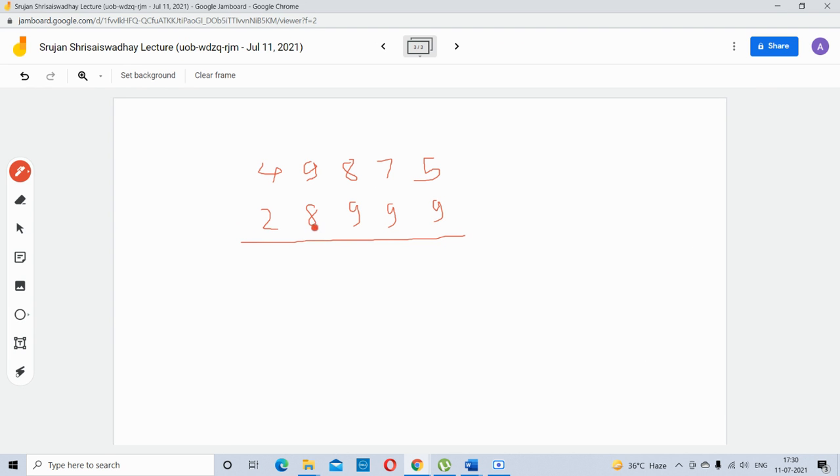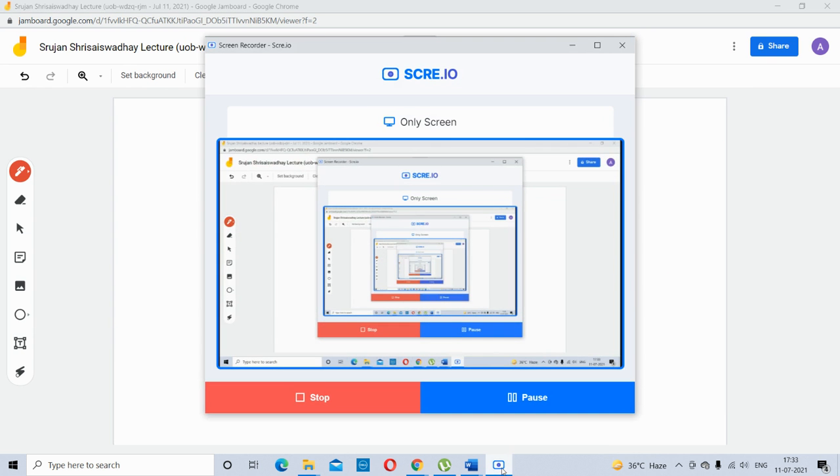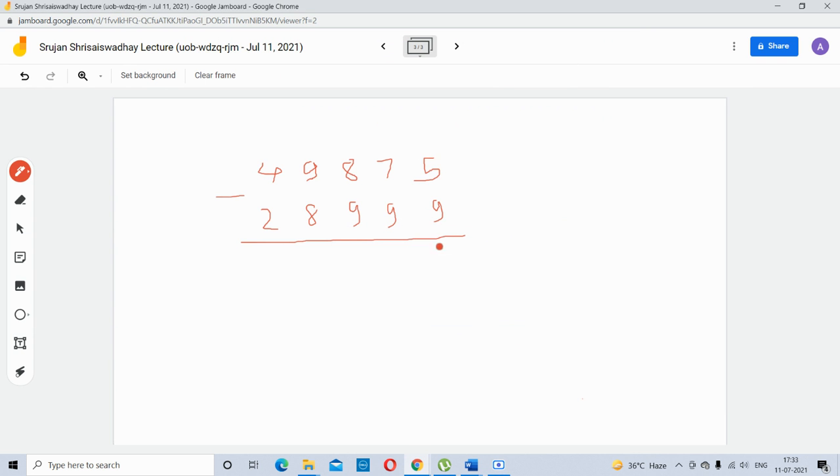So what we'll do, you do the subtraction by the Ekanyunena Purvena method, with a different color. So let me take this color.